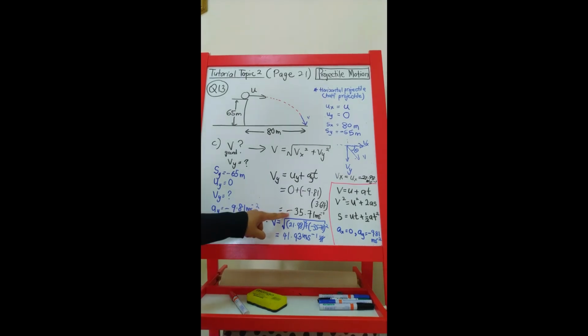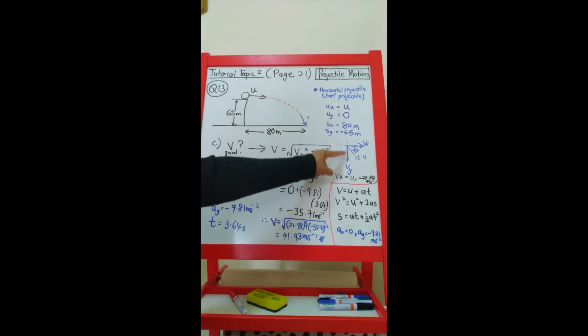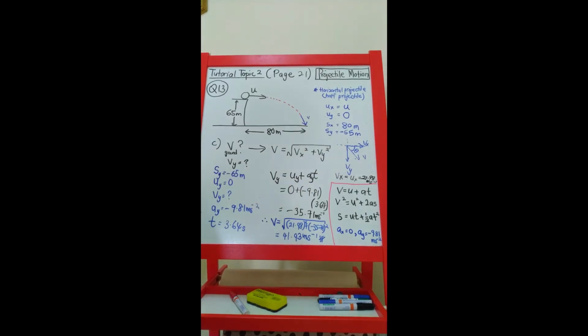Take note, this is correct, vy is negative. Look at here, Vy is downwards, that's why it's negative. But V here is a magnitude, therefore the value is positive. So that's part C. Therefore, done. Question number 13, parts A, B, C. Thank you.